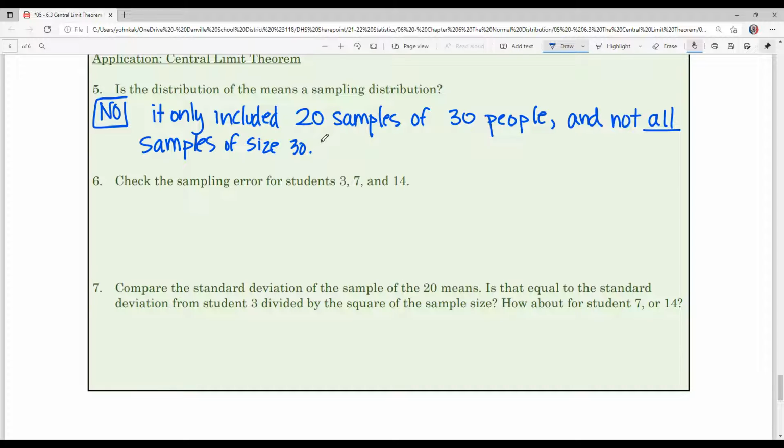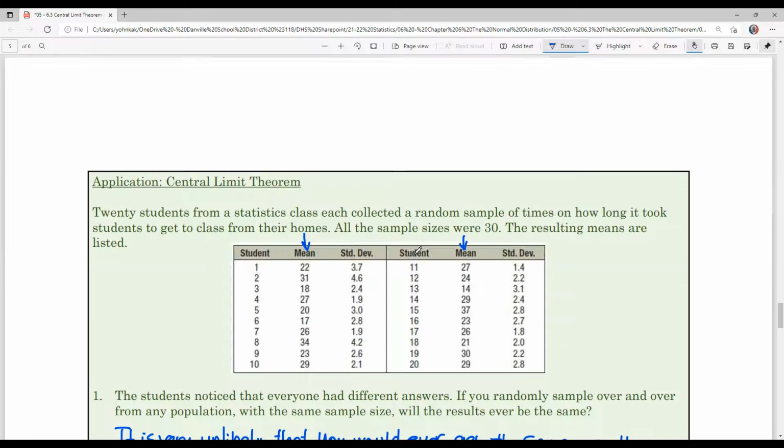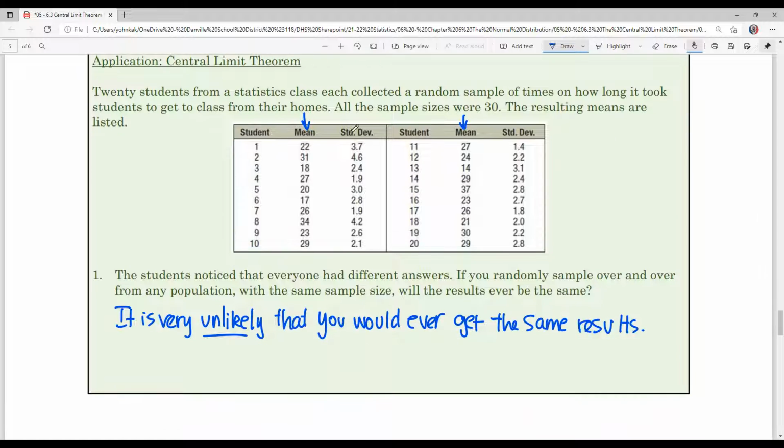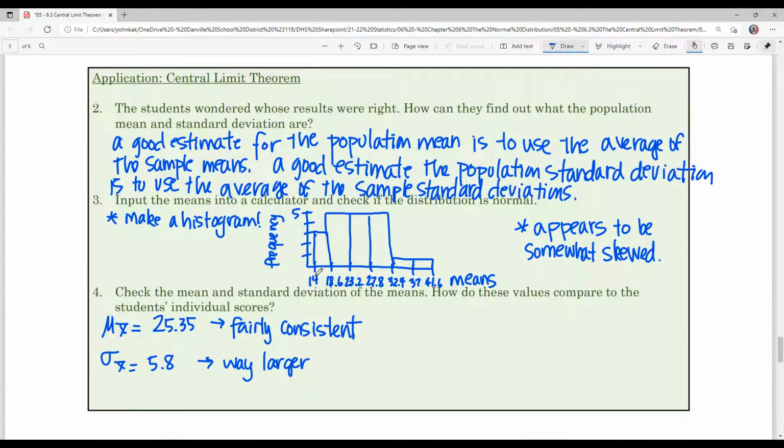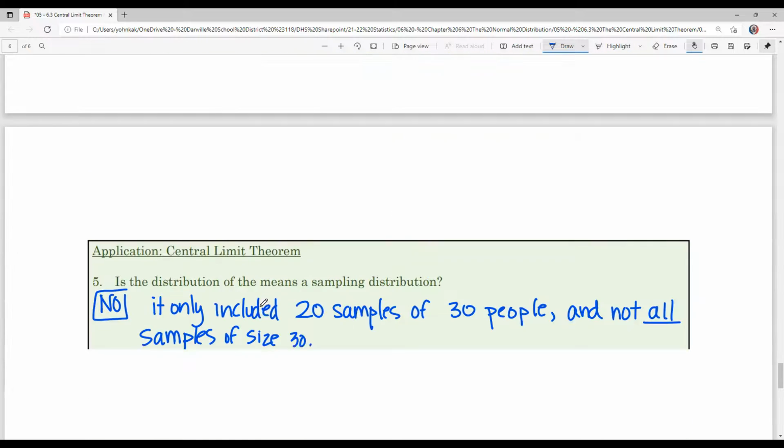Check the sampling error for students 3, 7, and 14. So for student 3, the sampling error is found by taking the value and subtracting the mean. If we go back and look at student 3, they had a mean of 18, and we had a sampling mean of 25.35.